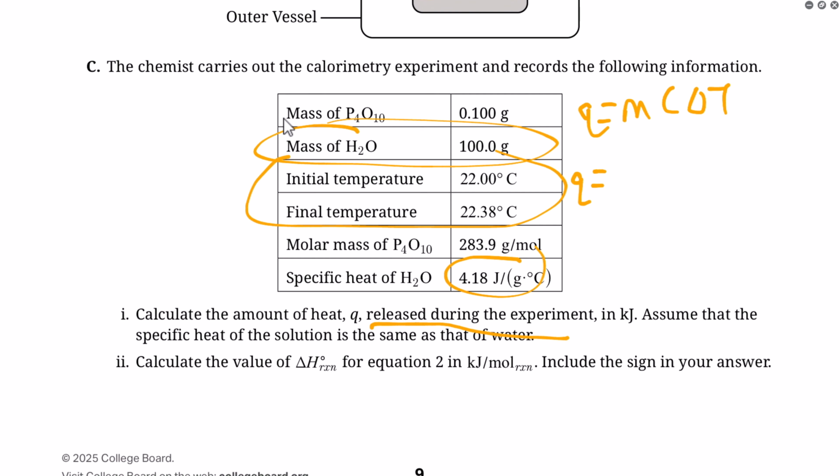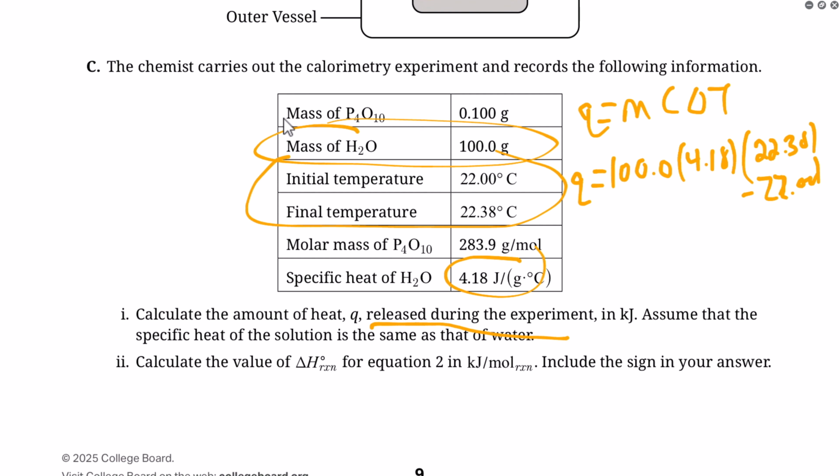So Q equals M, so 100, specific heat, 4.18, and delta T, so the final temperature is 22.38 minus 22.00. Then we'll be able to simply solve algebraically for Q. So 100 times 4.18 times 0.38, because that's the difference in temperature.